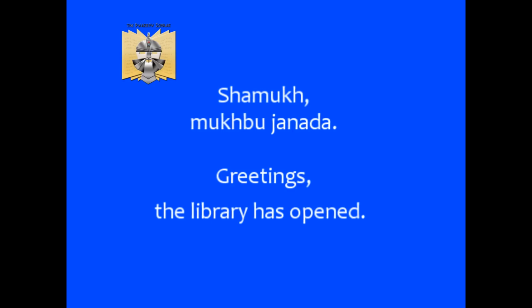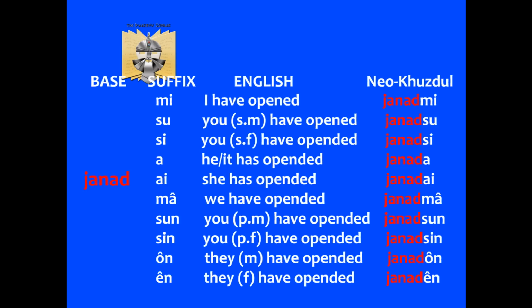Using the verb to open as an example, let's have a look at how we conjugate in the perfect tense. As you can see, the perfect tense uses a base form. In this case, the base form is janad, and we add a conjugation to it at the end that indicates who is doing the action. One remarkable thing about Khuzdul, or any Semitic language for that matter, is the fact that you don't see the personal form.